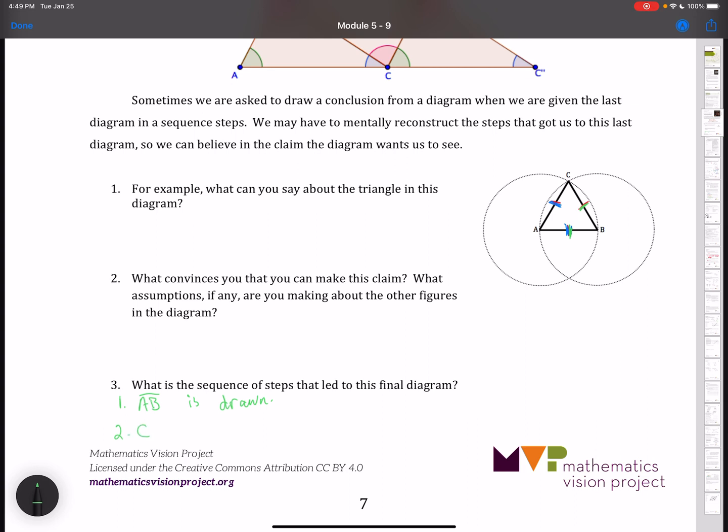So circle A was constructed with a radius of AB. Okay, so we've got circle A now. In a similar fashion, we could also say circle B was constructed with a radius of AB.